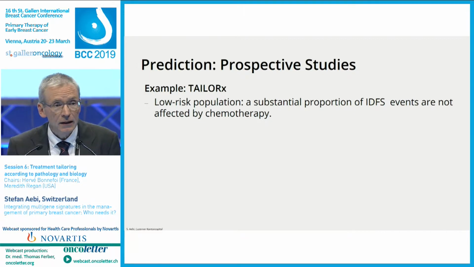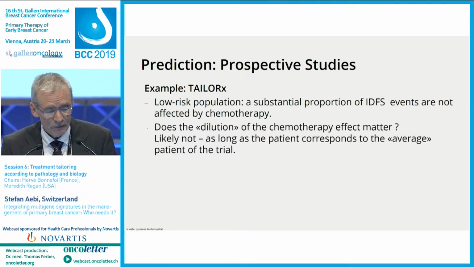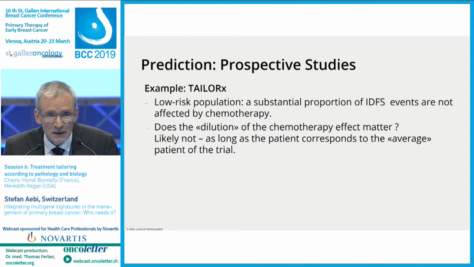Now, clinically, does this matter? Does the dilution of the chemotherapy effect matter? And my answer is probably not, as long as the patient corresponds to the average patient of the trial.